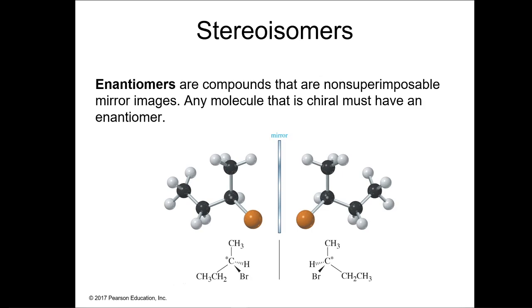So if you were to flip it, right, the bromine would be going away from you and the hydrogen would be coming towards you. So even though these are the same molecule, right, with the same connectivity, because the bromine is going towards you in one molecule and away from you in the other molecule, these are called enantiomers.